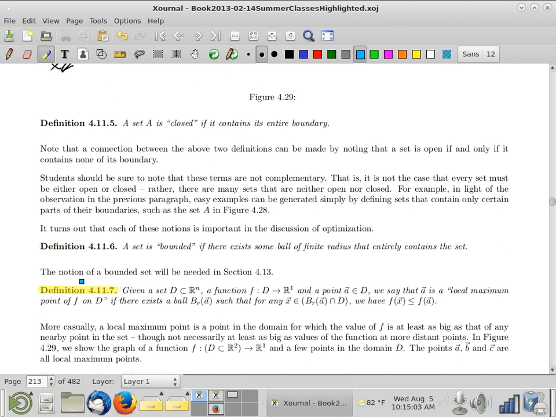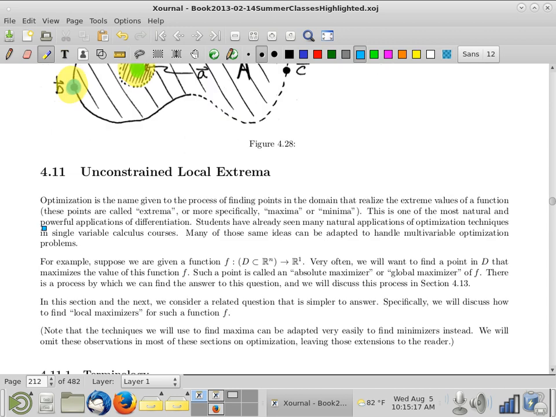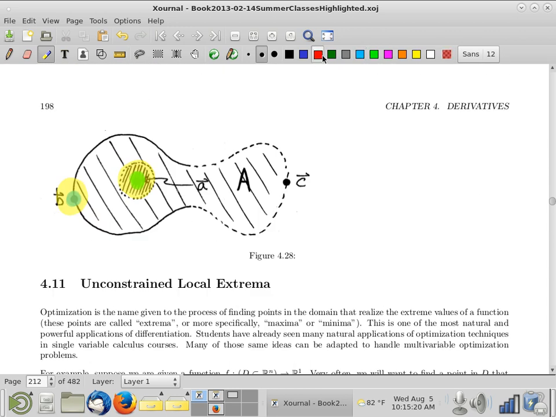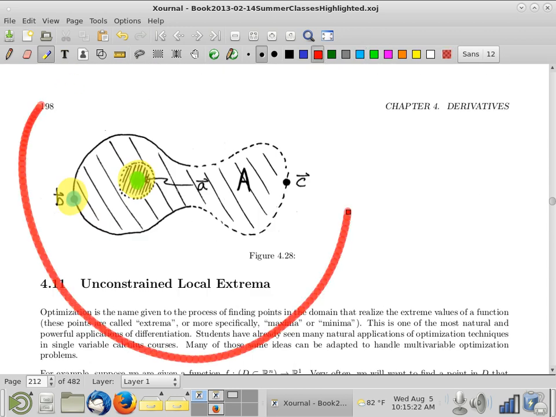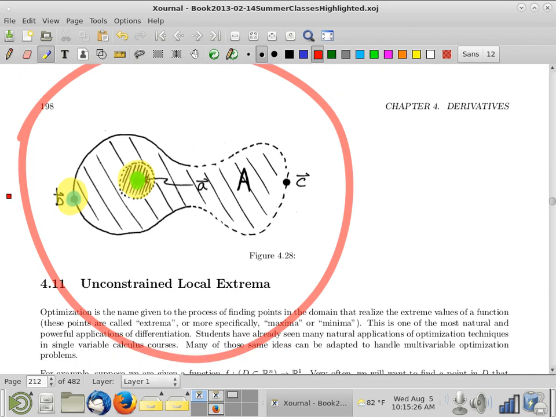Okay, a little bit more terminology. We say a set is bounded. This means exactly what you think it means. It's bounded if you can fit it inside of a ball. So, for example, this set here is bounded because it is entirely enclosed in a great big ball like that. Whereas if I were to talk about R2 itself, if I were to say, let's talk about the entire XY plane, it's not bounded.